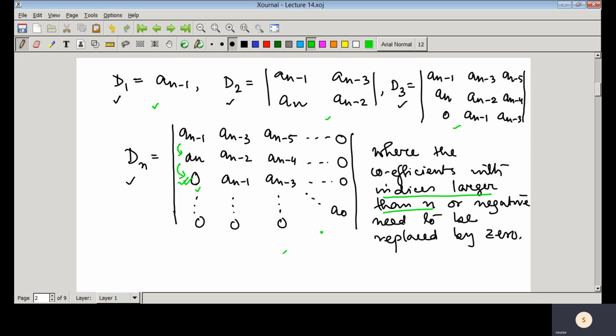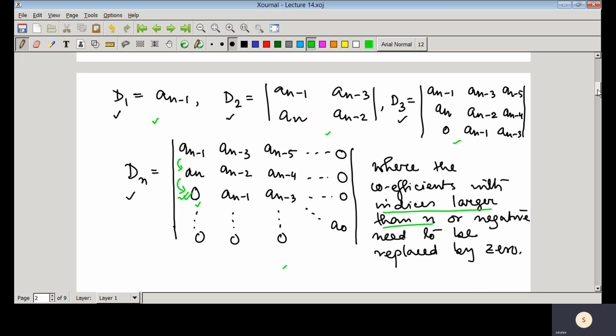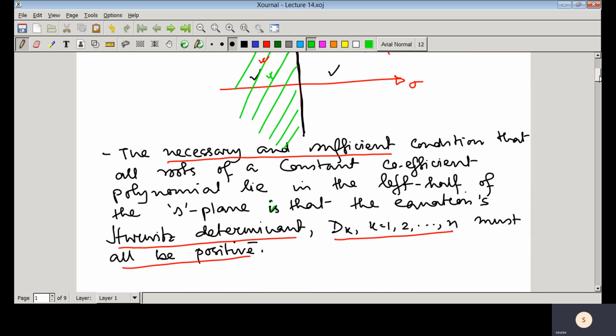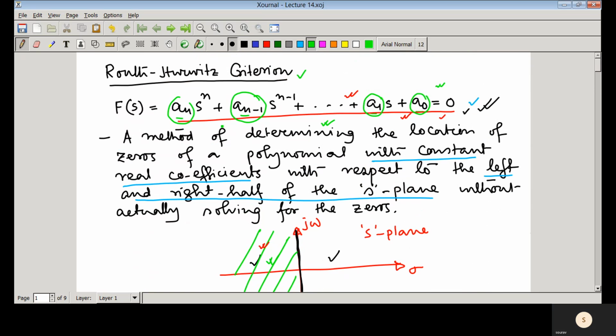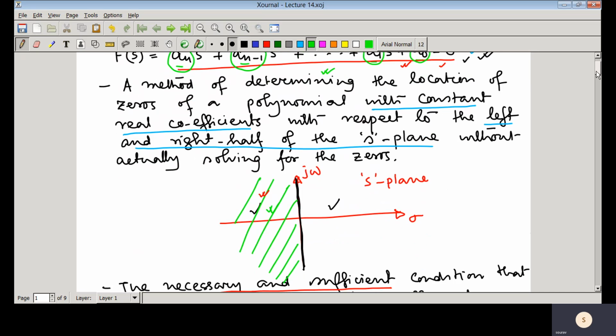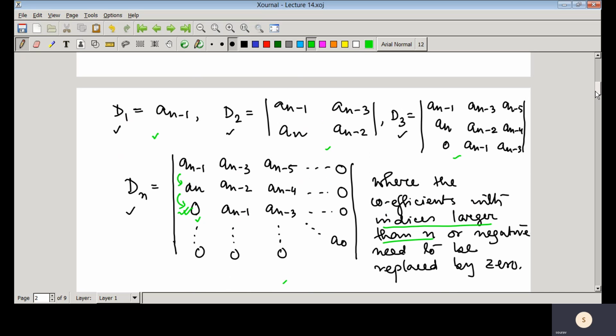There is a major disadvantage: whenever the number of coefficients is large, that means if the degree is high, or if some coefficients are unknown, as in the case of design, the dimensions of those determinants would be large and the process would be tedious.